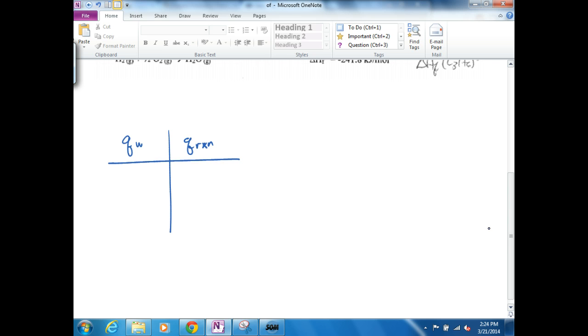Now we've been seeing these both at the same time when we do calorimetry problems. So when you do calorimetry, you see both of these. Calorimetry is measuring heat, and it's really at the foundation of this unit on thermochemistry, because this is how we measure heat and enthalpy change.